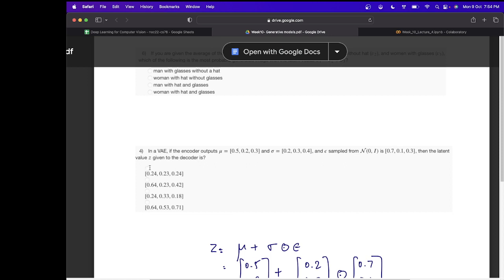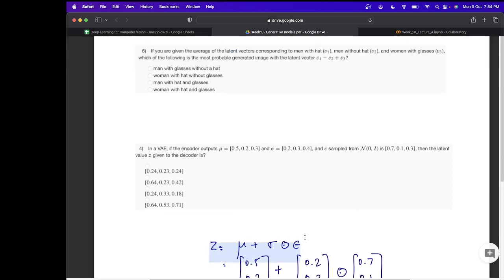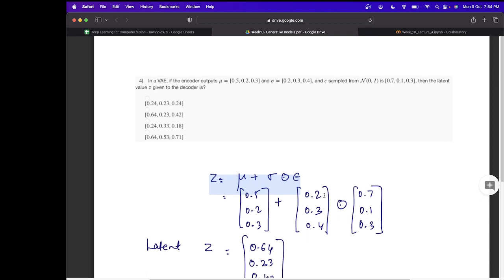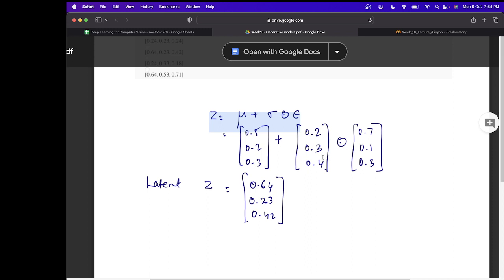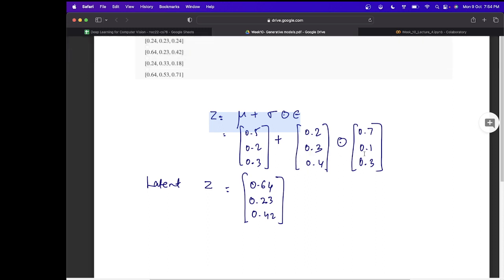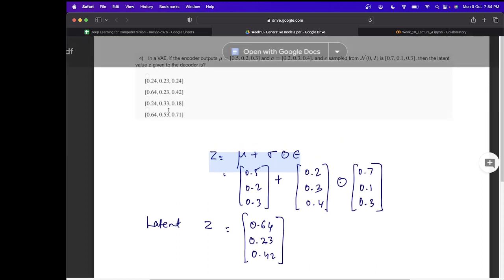Then what is the latent value of Z? It's very simple, just put it in this formula. You multiply these two and add this, and you get this value of Z, which corresponds to the option.